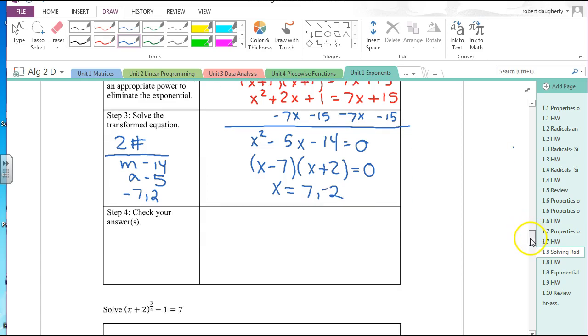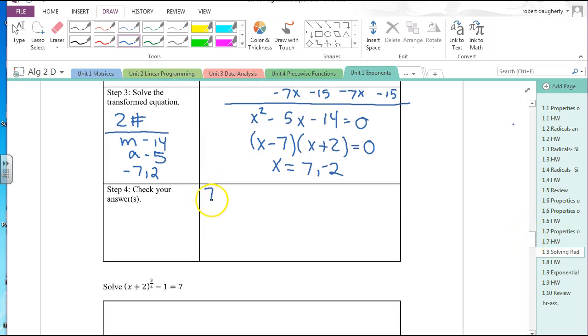But I'm not good to leave the answer there because I have to do what? I have to check the answer. So I'm going to check 7 and negative 2, okay, in the original equation. So my original equation was x plus 1 equals square root of 7x plus 15. So I'm going to plug in a 7 for x. So 7 plus 1 equals square root of 7 times 7 plus 15.